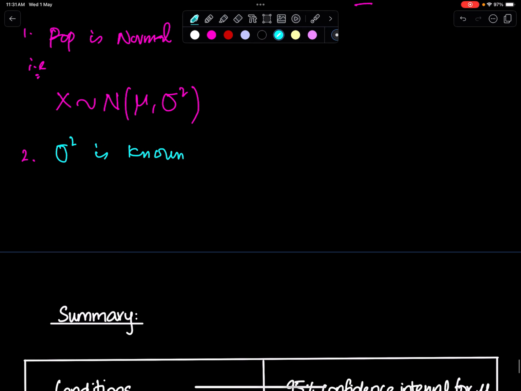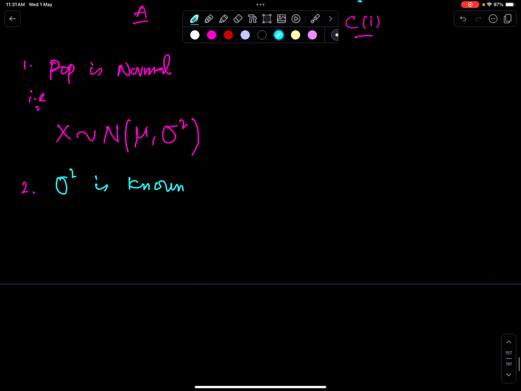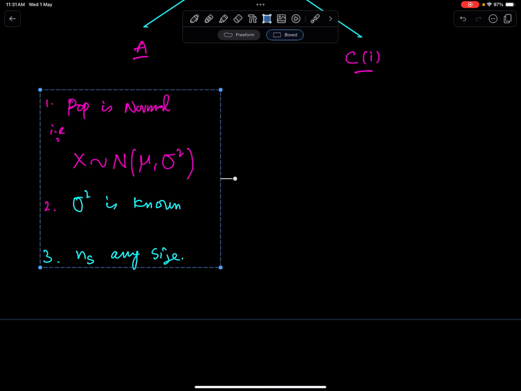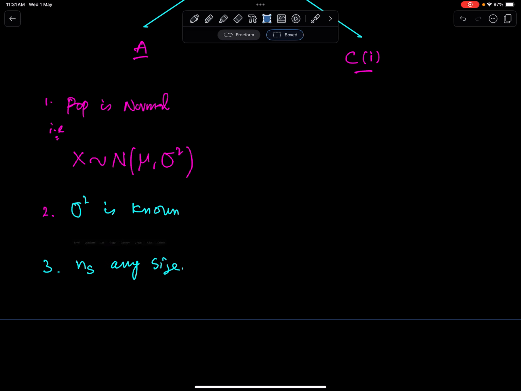And the third point is n is of any size. So these are 3 conditions for case A: population is normal, sigma square is known, and sample size is any size.